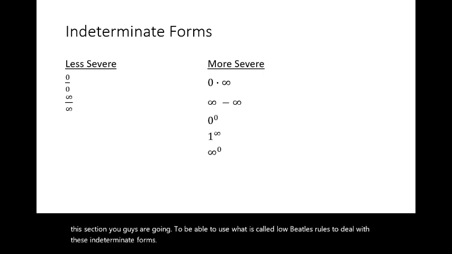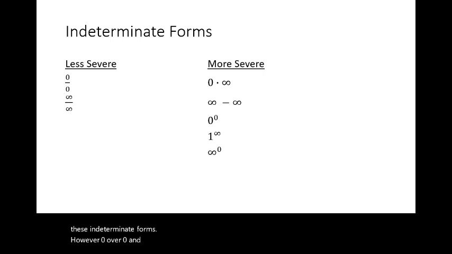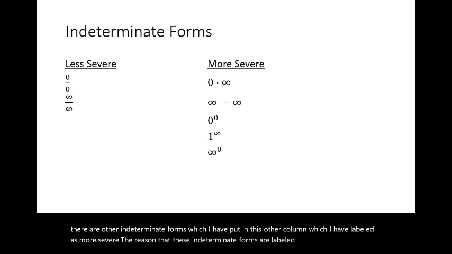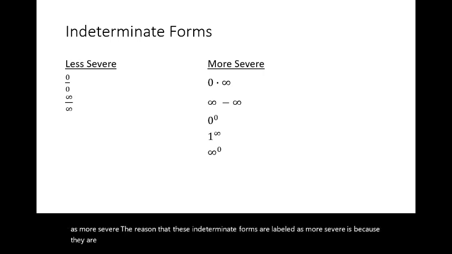However, 0 over 0 and infinity over infinity are not the only indeterminate forms. There are other indeterminate forms, which I have put in this other column, which I have labeled as more severe. The reason these indeterminate forms are labeled as more severe is because they are not eligible to use L'Hopital's rule. So 0 times infinity is not 0.